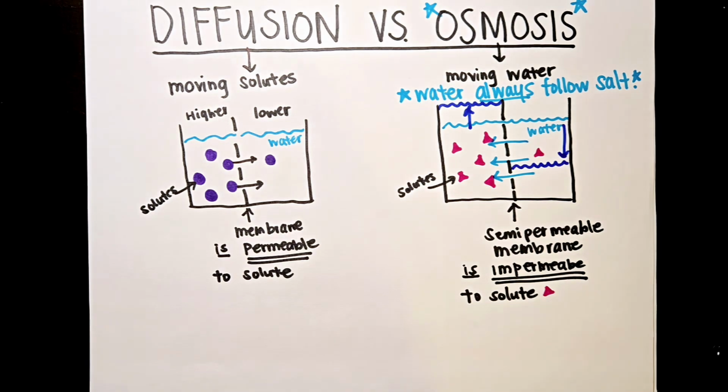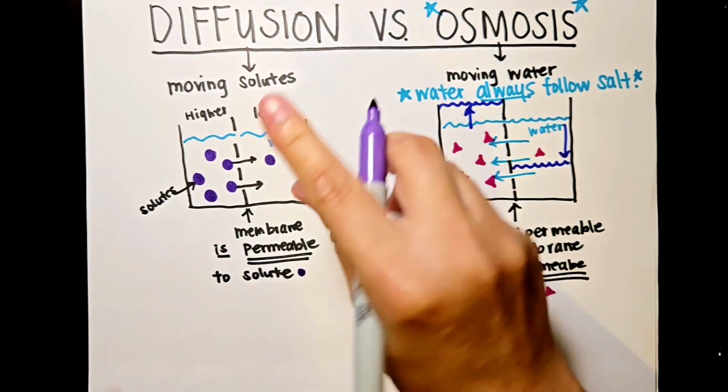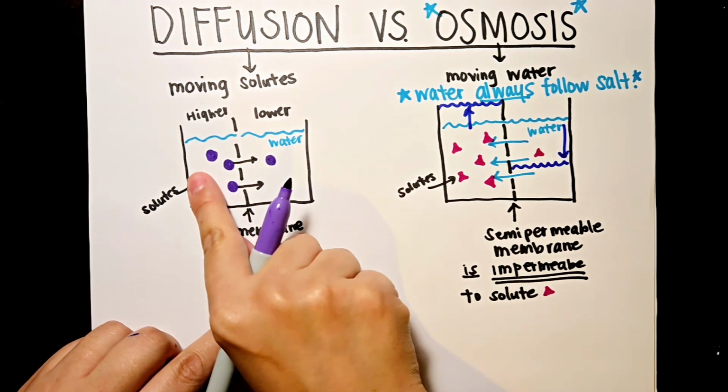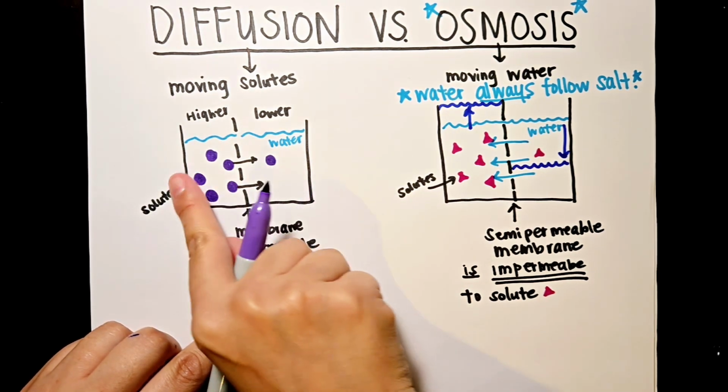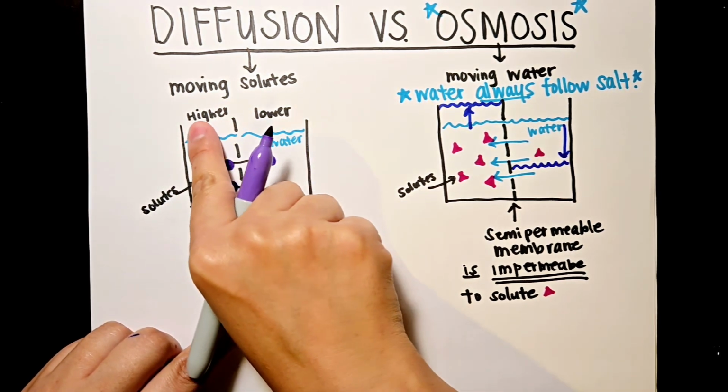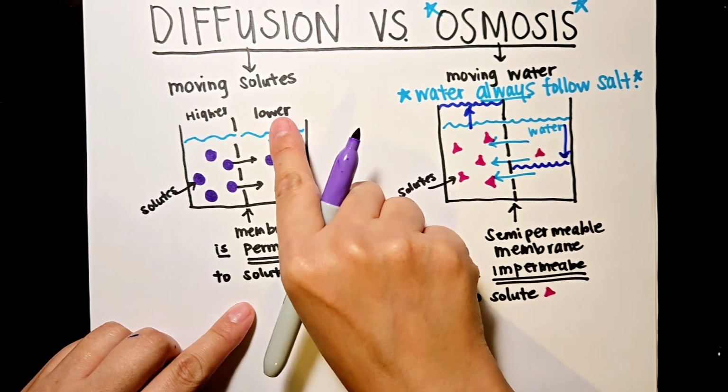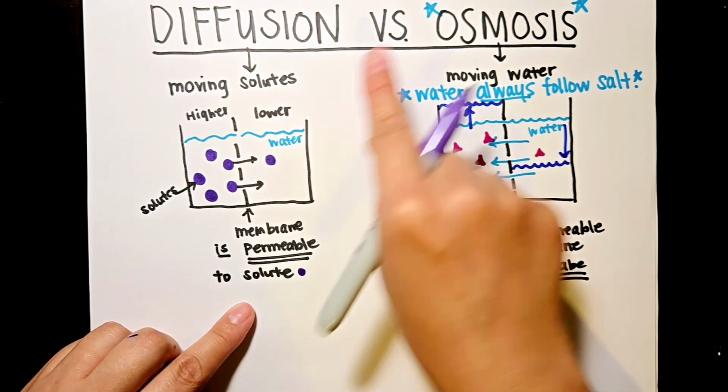So that is the main difference between diffusion, where the solute is permeable to the membrane and the solutes move themselves from an area of higher concentration to an area with lower concentration.